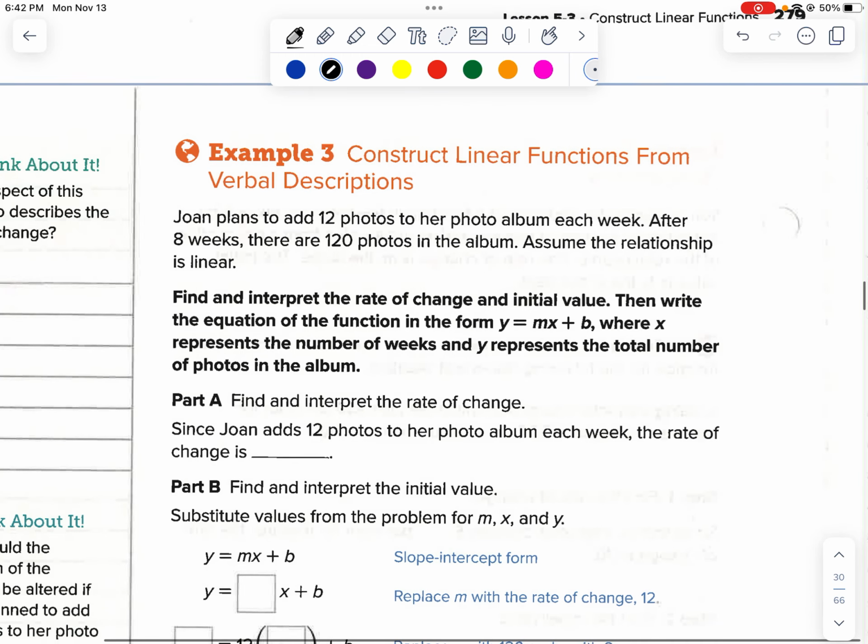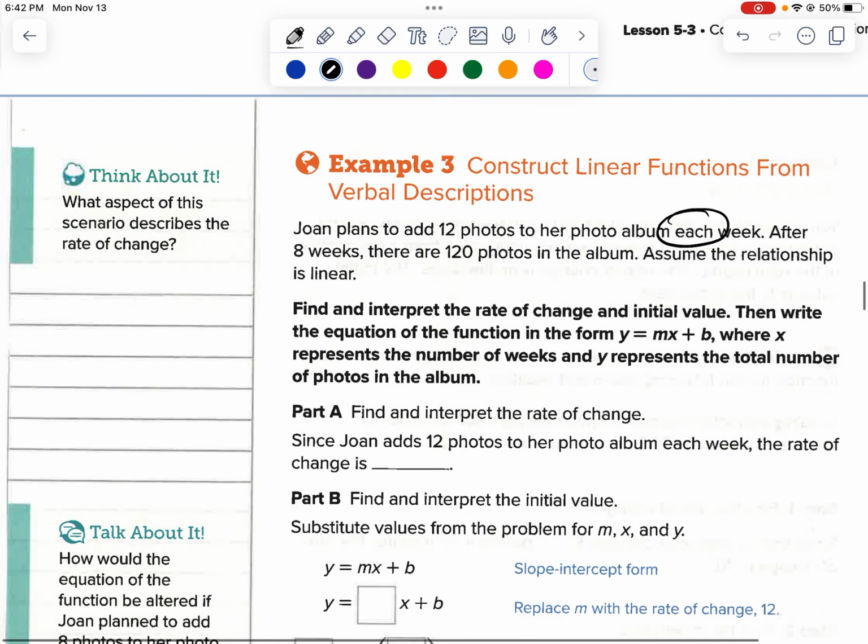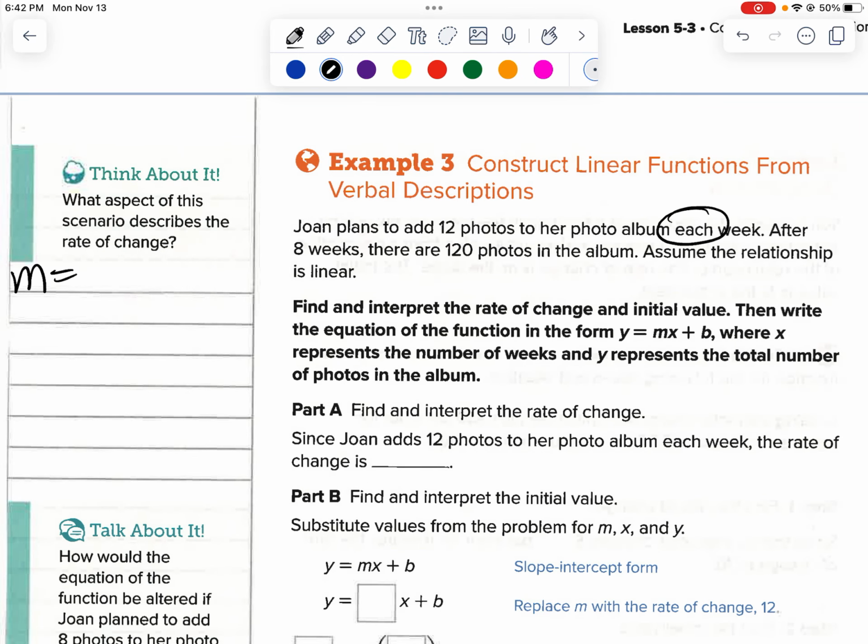Joan plans to add 12 photos to her photo album each week. So each week gives me my slope, which is 12. After 8 weeks, there are 120 photos in the album.